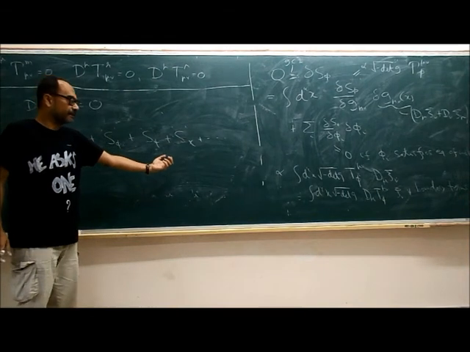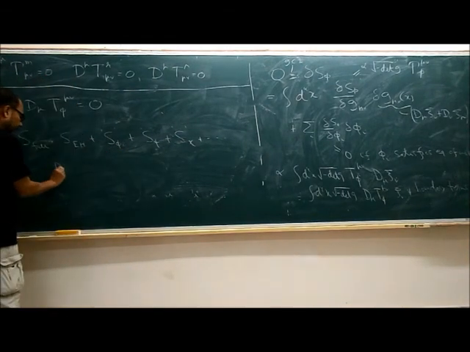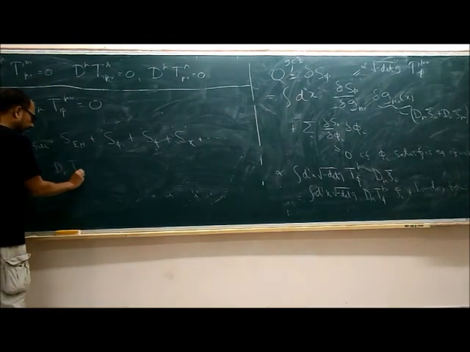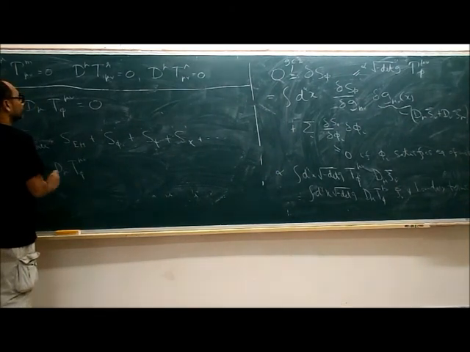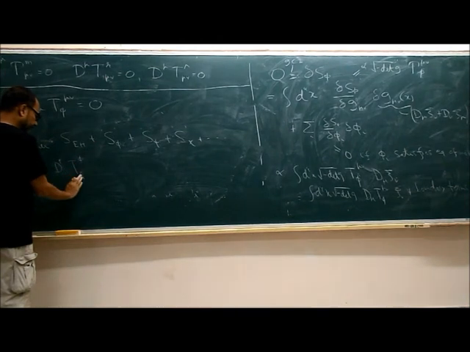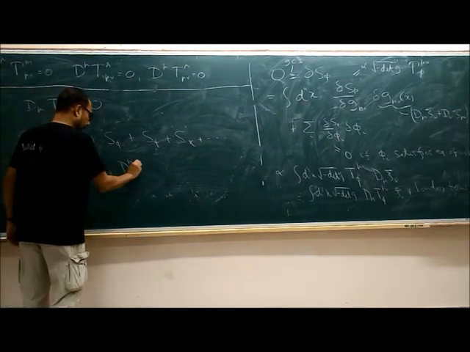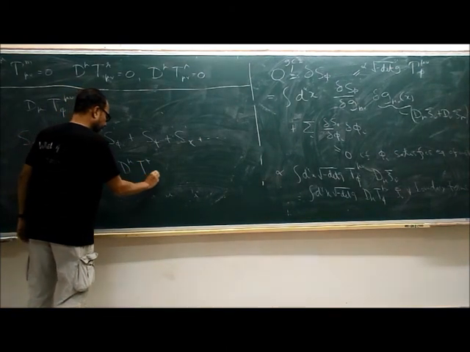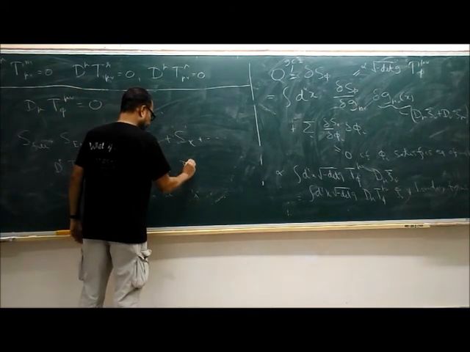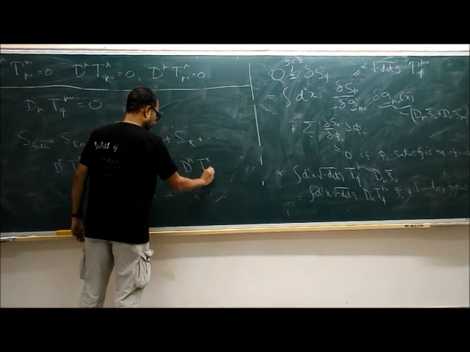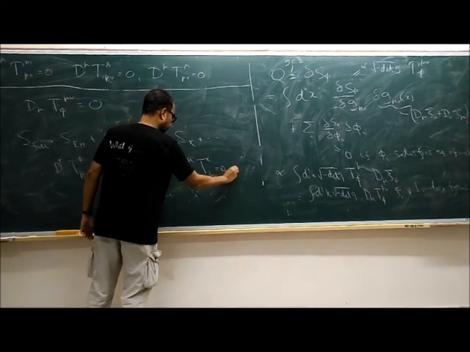In that case you can conclude that d mu T phi mu nu is 0, d mu T psi mu nu is 0, d mu T chi mu nu is 0, and so on.